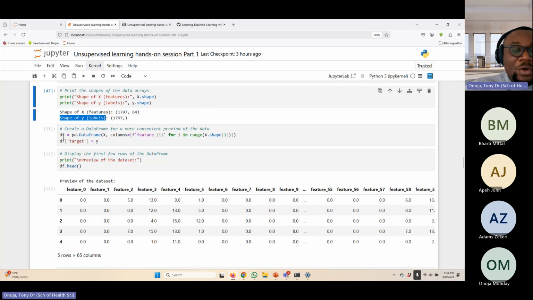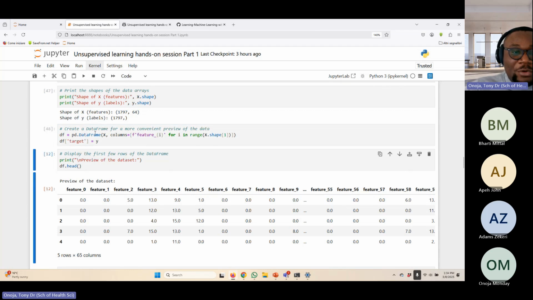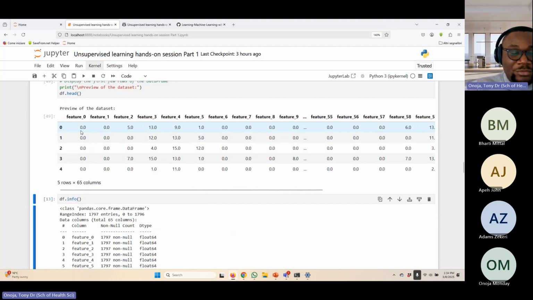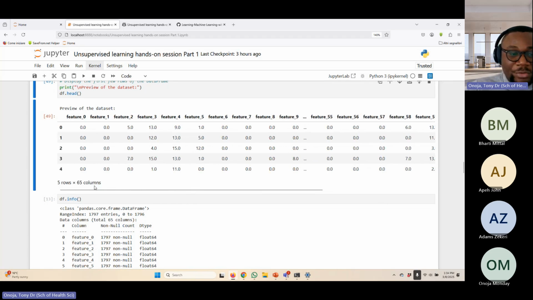The next thing we need to do is look at the dataset before we start performing the analysis. We first convert it to a data frame, and then preview the dataset. Again, you could see we have 0, 1, 2, 3, 4, and so on. We have 64 features in all, including the target variable.